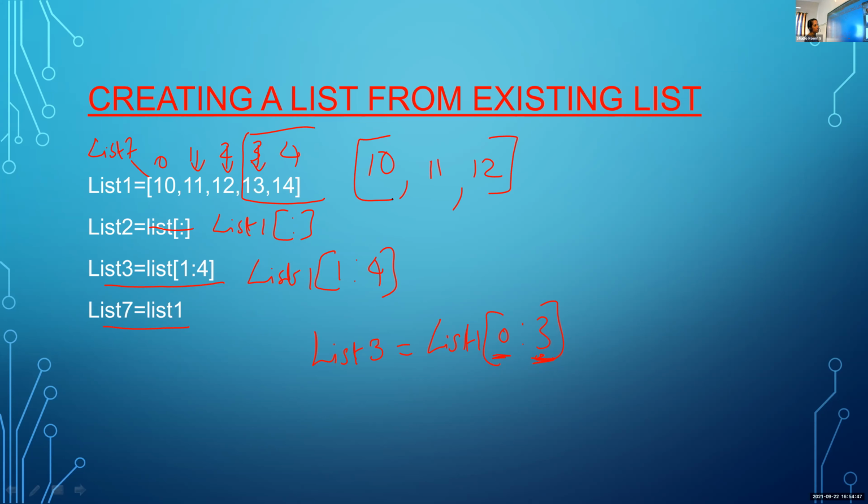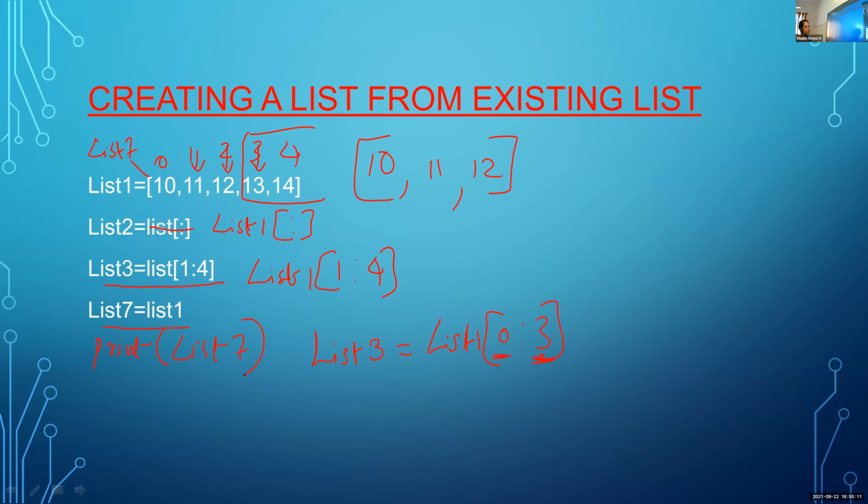Ma'am, in list 7, it's written equal to list 1, right? Yes. What would be the output of that? The same. If you print list 7, the result is 10, 11, 12, 13, 14.